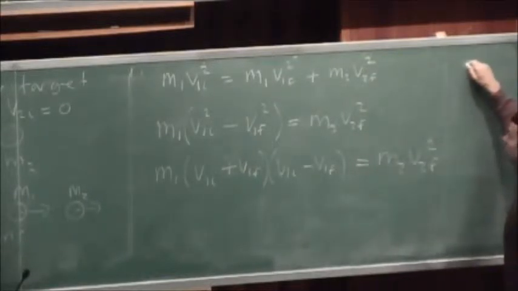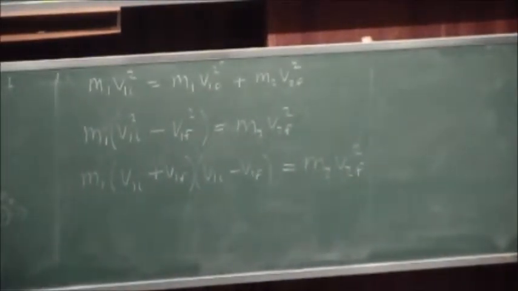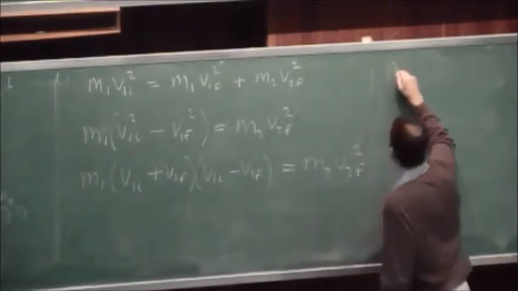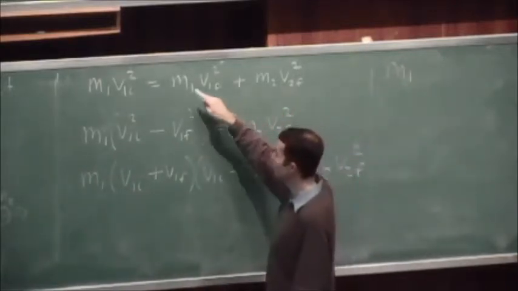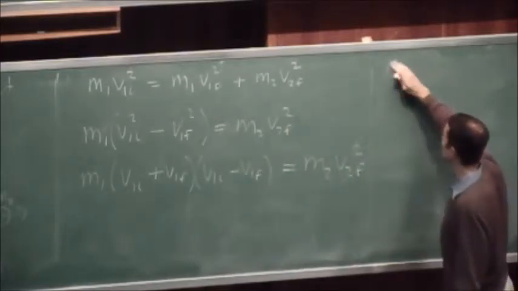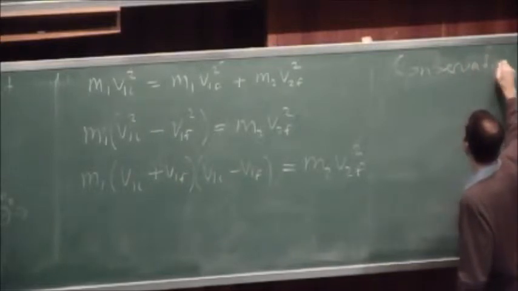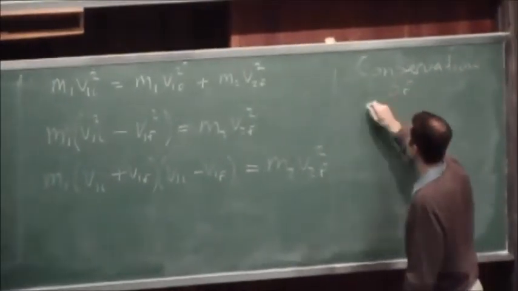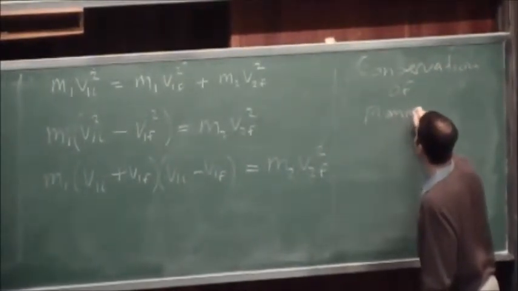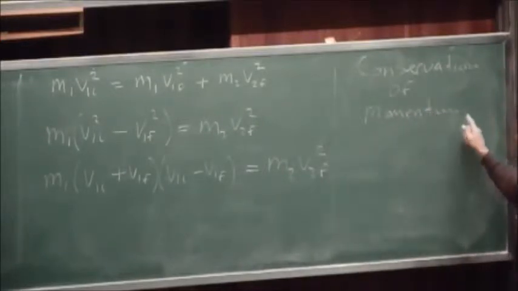The next equation is this one, which is the conservation of momentum. So this is conservation of kinetic energy, and this is going to be conservation of momentum. Let me just write that. This is the conservation of kinetic energy equation.